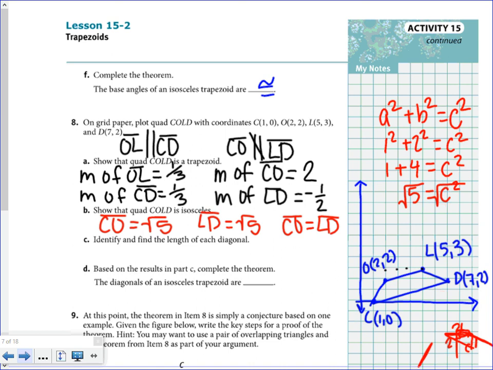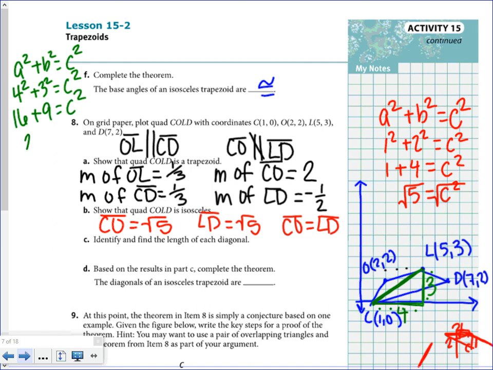One of them is C to L. And if you draw the triangle, 1, 2, 3, 4, 1, 2, 3, and you use Pythagorean theorem, you end up getting that your hypotenuse is 5. So the length of CL is 5.